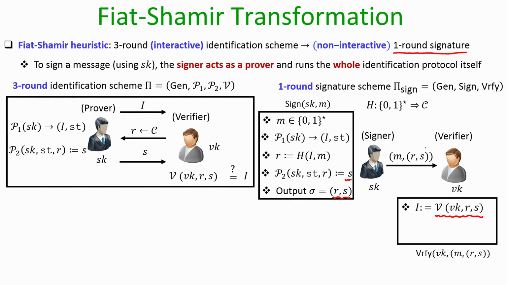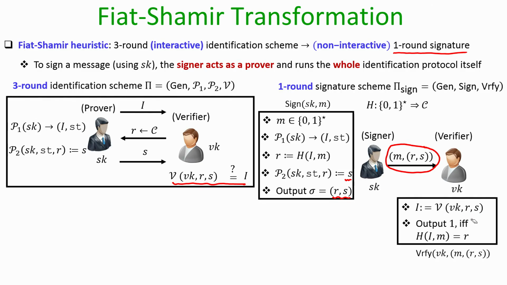If you see the structure of this signature scheme, the I is not given by the signer to the verifier, whereas in the identification scheme the verifier would have already obtained the I, and that is why it could compare the output of the V function with the commitment I given by the prover. So, in the verification algorithm of the signature scheme, I is computed from scratch by the verifier by running the V function, and ideally this I should be the same I which a legitimate prover in the identification scheme would have committed to an honest verifier.